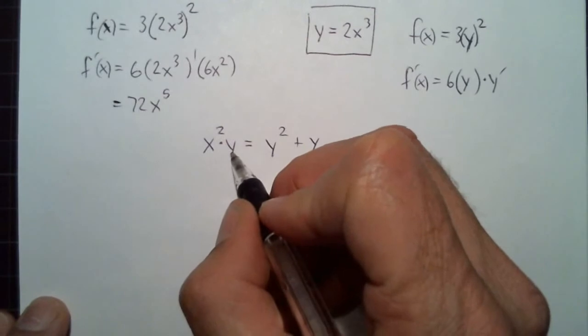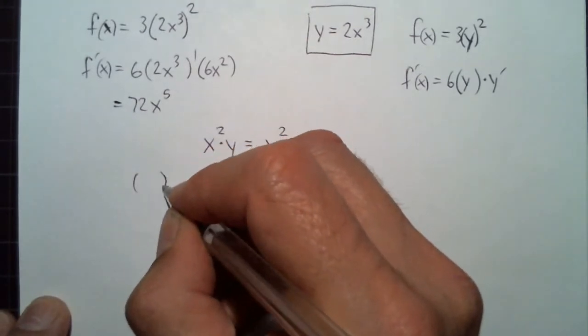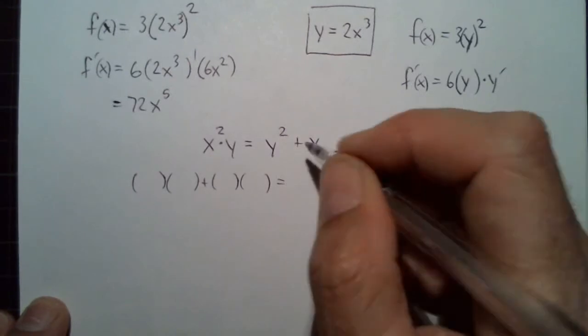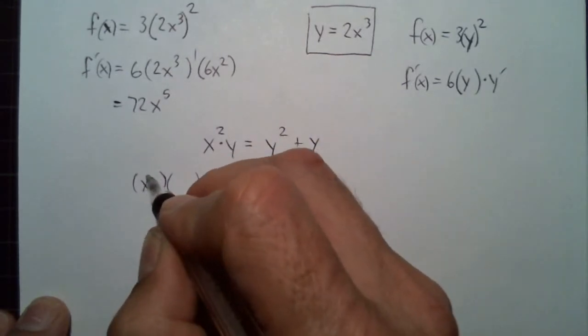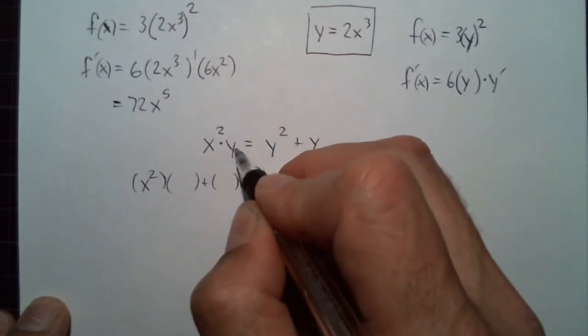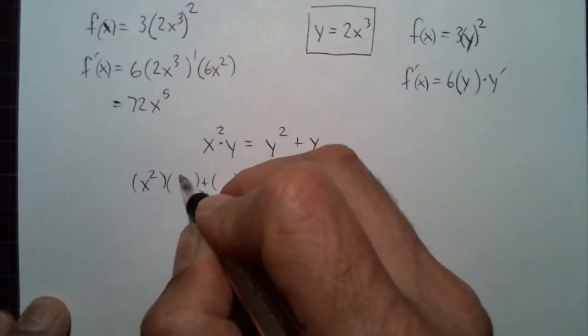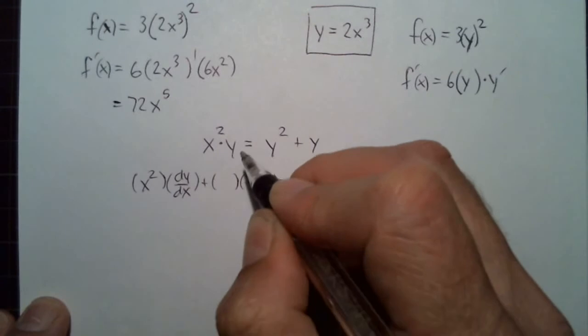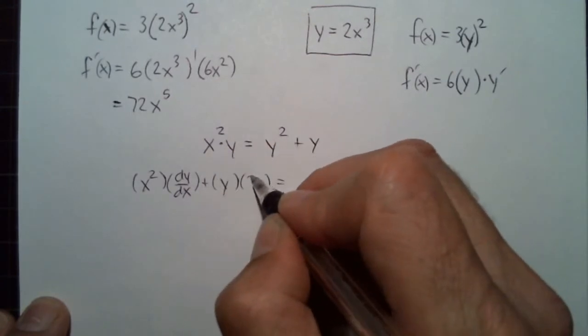So let's go ahead and do the product rule. That requires this. And that will be the first times the derivative of the second. The derivative of y is y prime. We can also write dy dx. And then we'll have the second times the derivative of the first.